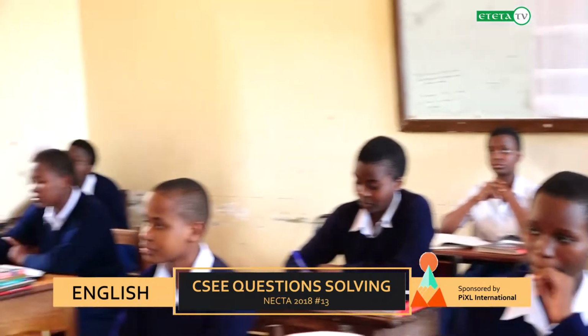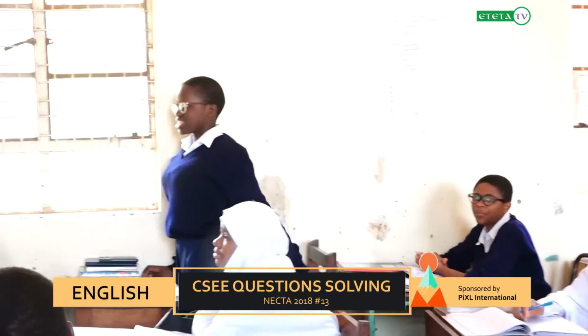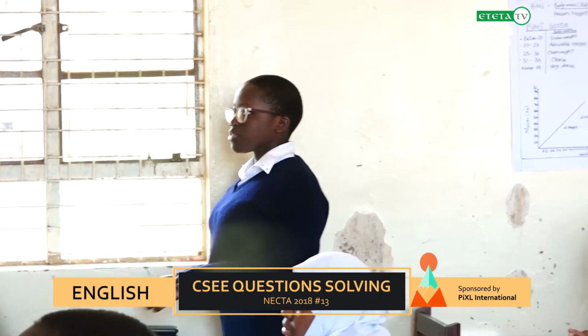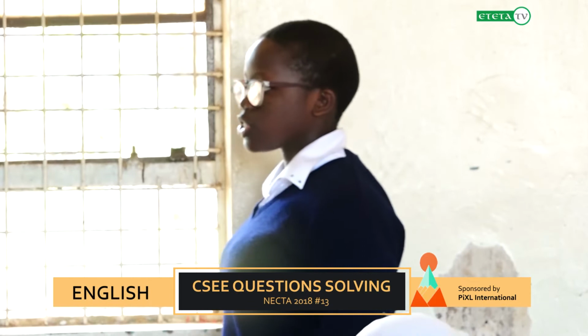Another figure of speech is personification. How has it been used to convey the message to the audience? Personification has been used to convey the message to the one who reads the novel.